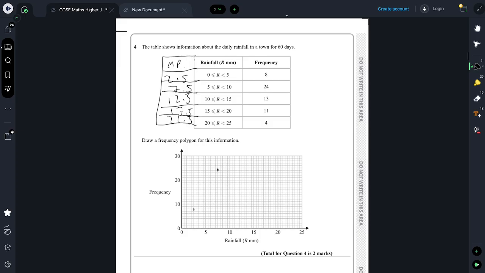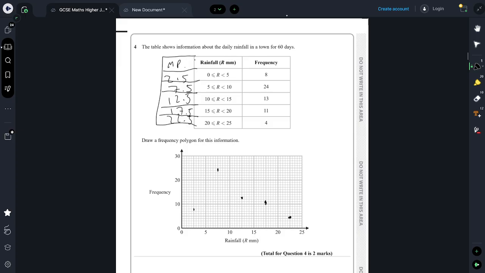And 12.5 against 13, which should be about there. 17.5 then against 11, which should be there roughly, and 22.5 and 4. Okay, cool.